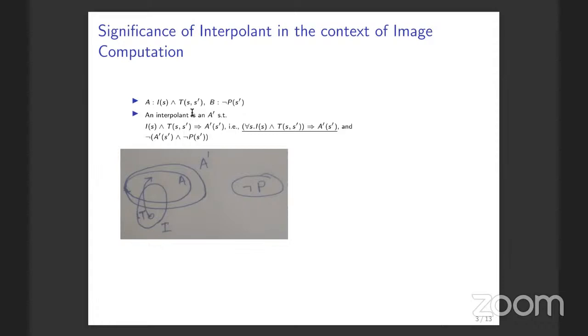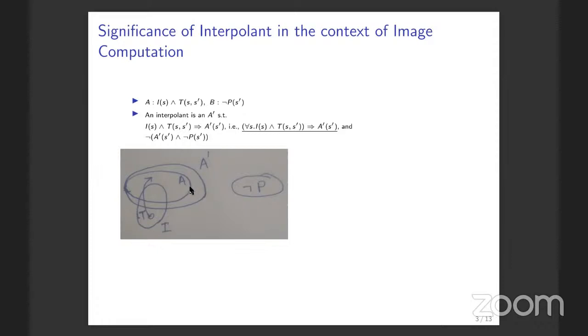Given a resolution proof, you can extract an interpolant, that is an A prime. And you can have lots of different interpolants, depending upon what resolution proof you actually use.